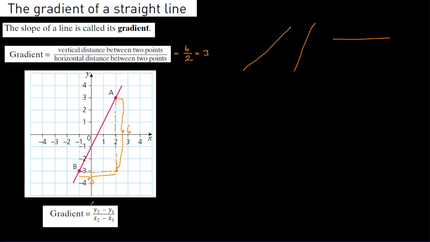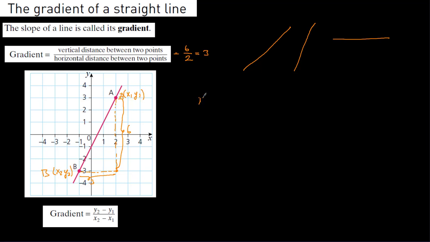But if you have only the coordinates of the points, you can use the formula y2 minus y1 over x2 minus x1. Which one is x1 y1 and which is x2 y2 is not important actually. You can say this is x1 y1 and this is x2 y2. So B is x2 y2 and A is x1 y1.